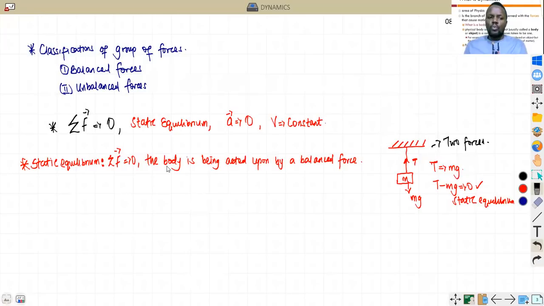So now we have a particular law that explains well about what? About a situation whereby a body is at static equilibrium and it is being acted upon by more than two forces. This law is called Lami's theorem, which is also important here, which I need to talk about for understanding's sake.